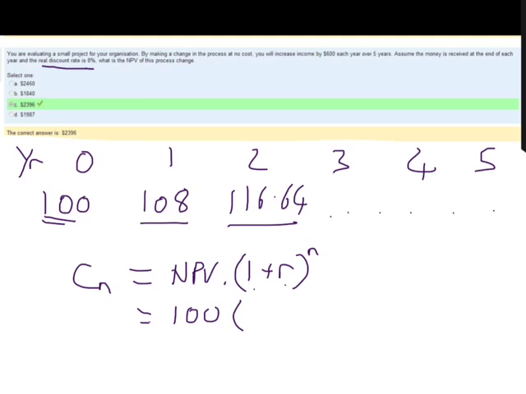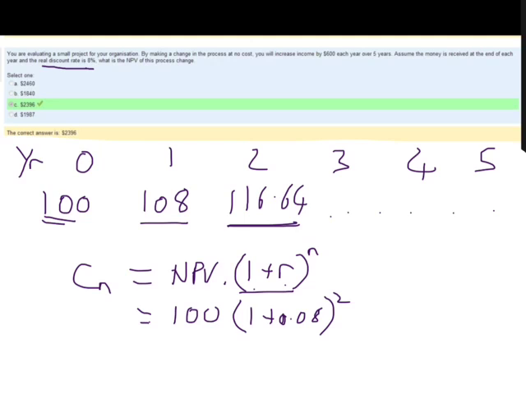So I've messed this up. This is actually 1.08 squared. So it's 100 times 1.08 squared, so $116.64. That's not exactly a proof, but hopefully you can see that this little thing here, 1 plus R to the N, is exactly the same as compounding your interest each year.